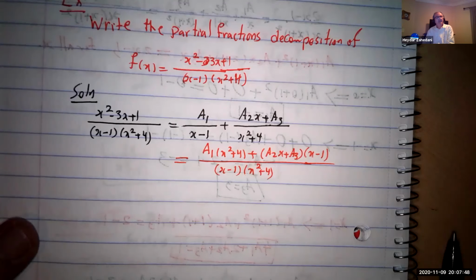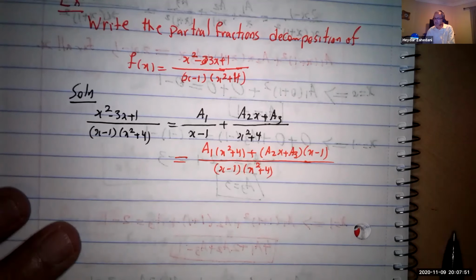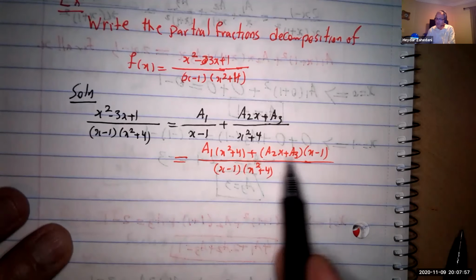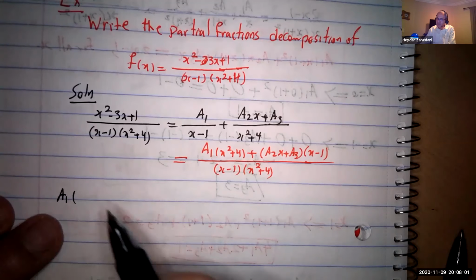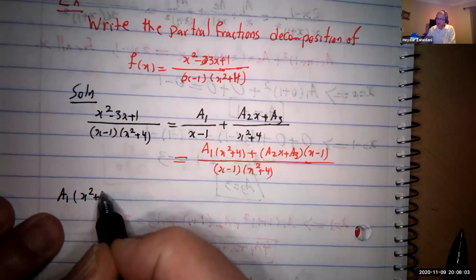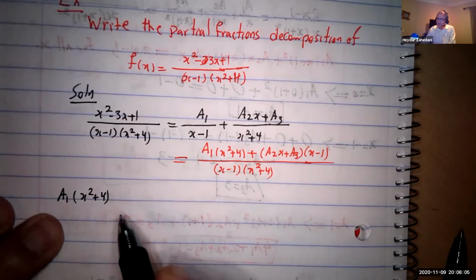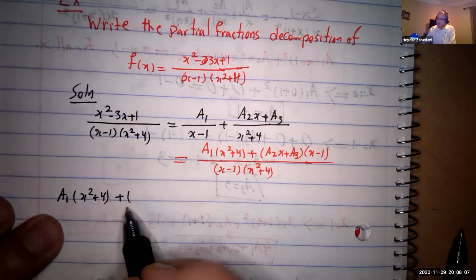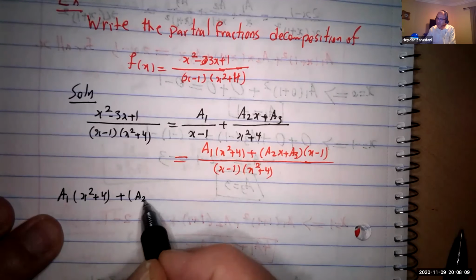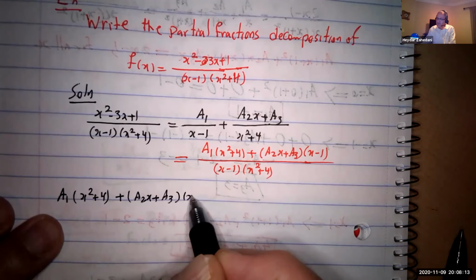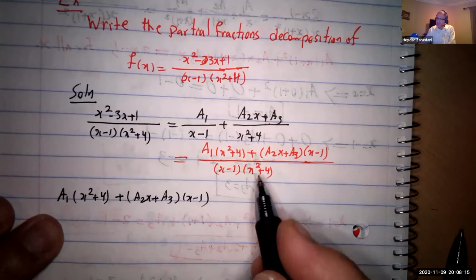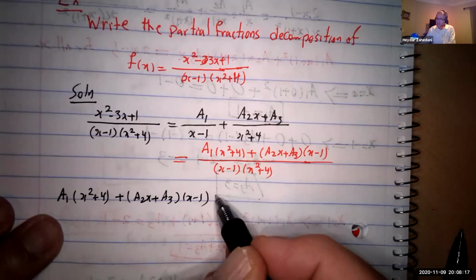Okay, now let the tops be equal to each other. The top, I start with this one. It's going to be a1 times x squared plus 4, plus a2x plus a3, times x minus 1, and this is going to be equal to what?